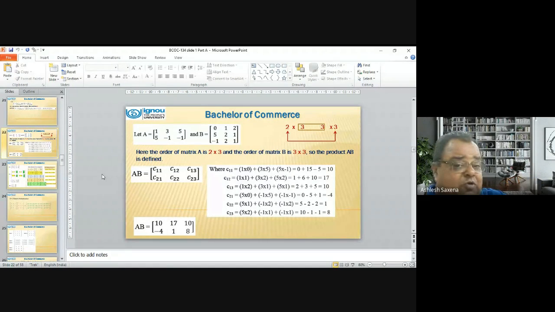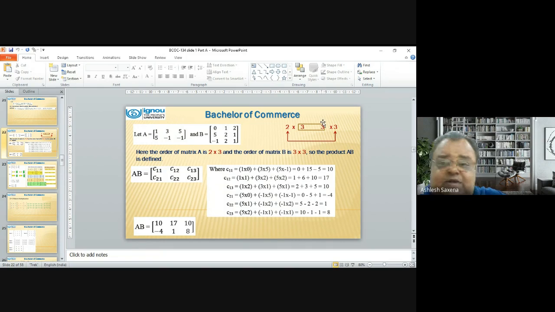What has been taught to you? That the number of columns of matrix 1 must be equal to the number of rows of the second. So here we have 2 cross 3 for matrix A and 3 cross 3 for matrix B. Your answer will be a matrix of the form 2 cross 3.